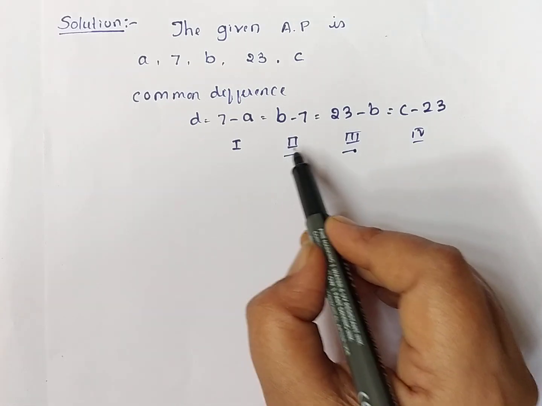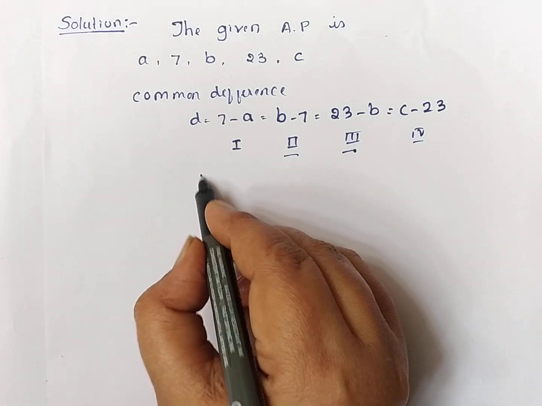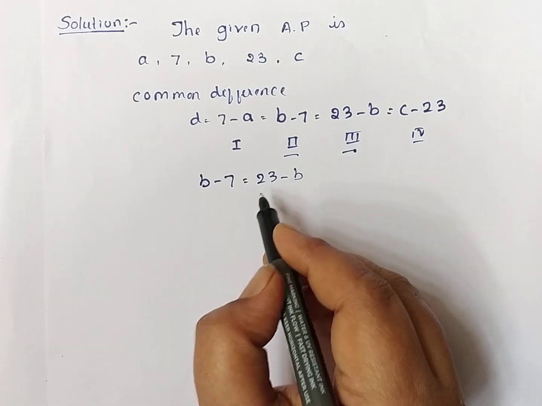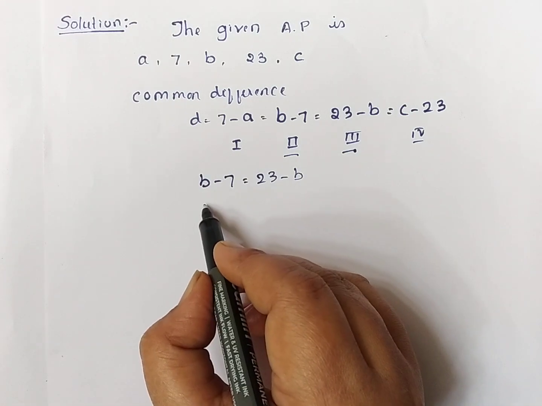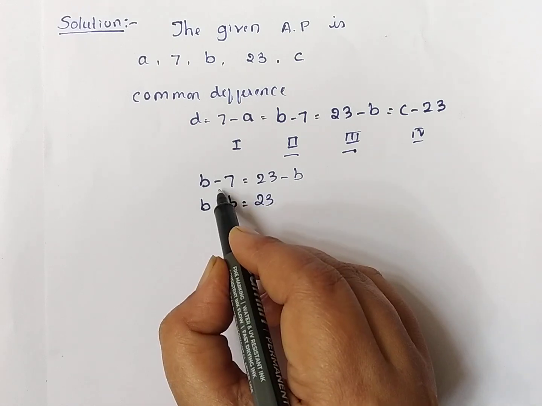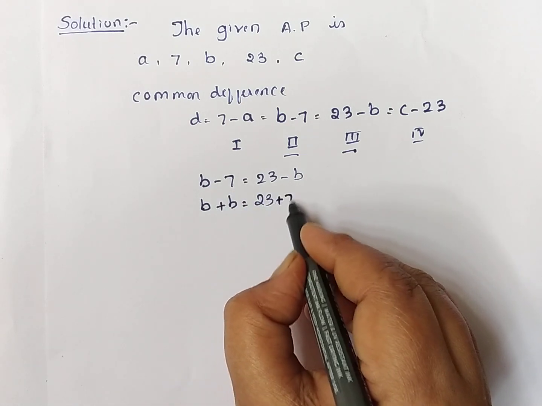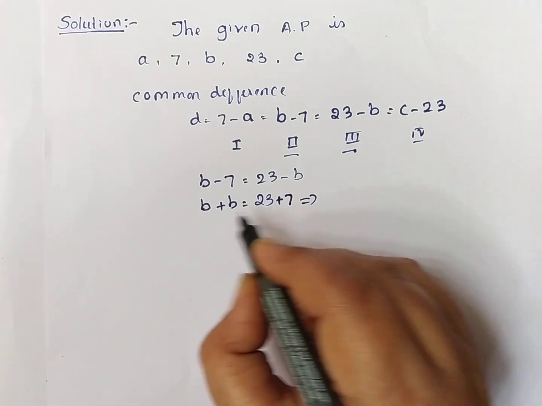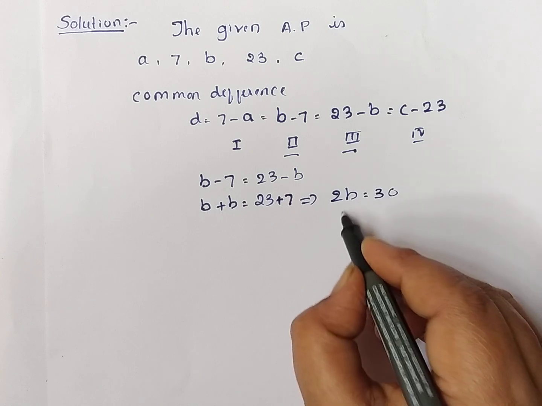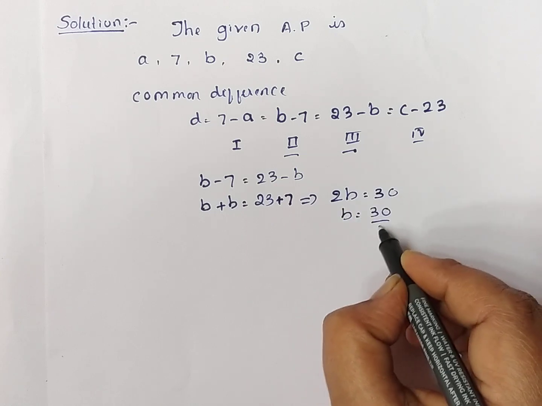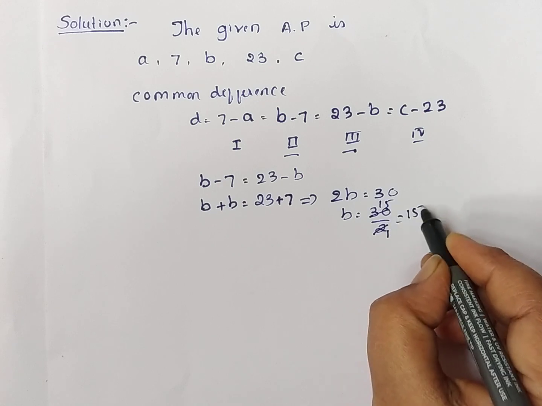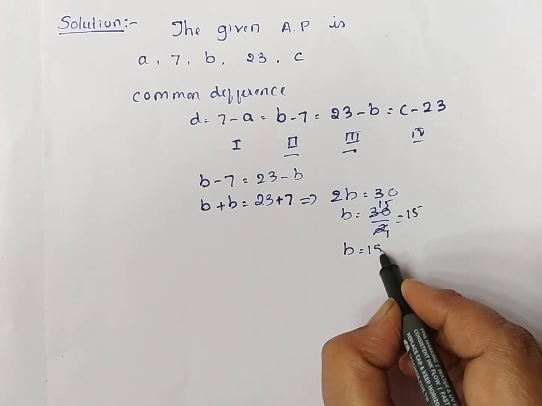So we will equate the second and third, that is B minus 7 equals 23 minus B. We transfer B to the LHS: B plus B equals 23, and transferring minus 7 to the RHS it becomes plus 7. So 2B equals 30, that is B equals 30 by 2, which is 15. The value of B is 15.